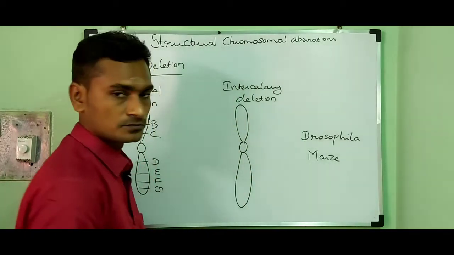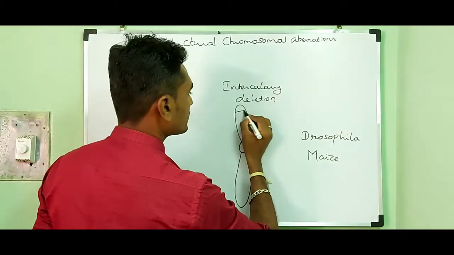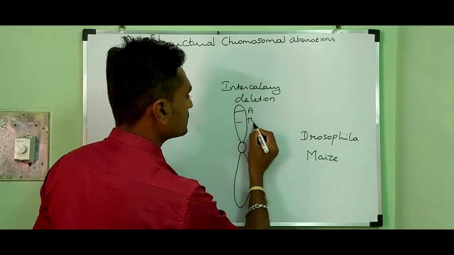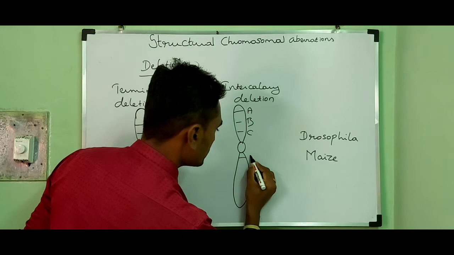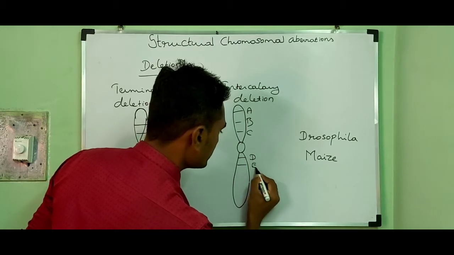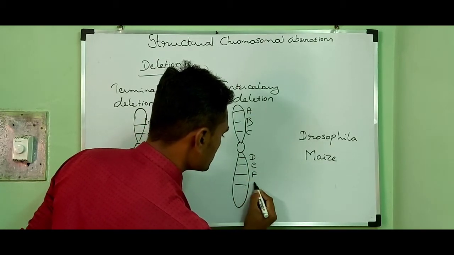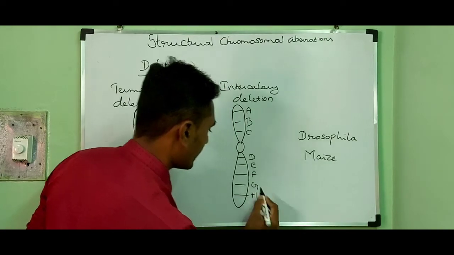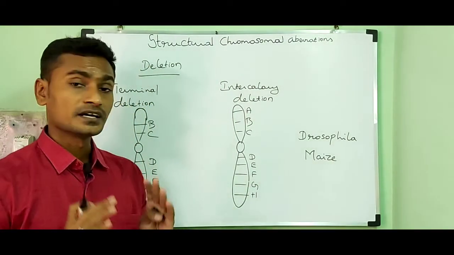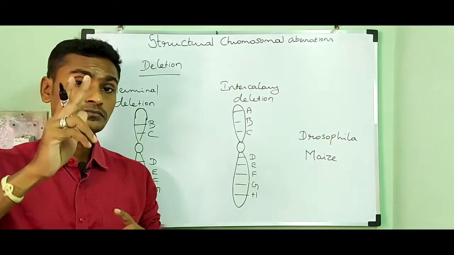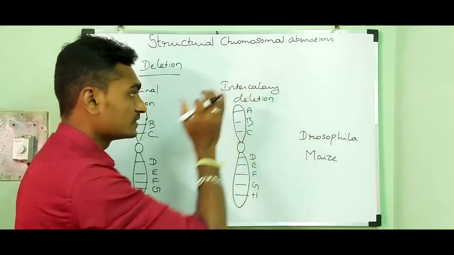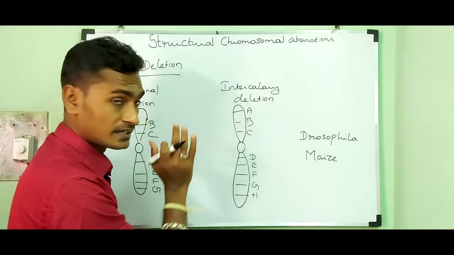This is a chromosome which contains the alleles capital A, capital B, capital C, D, E, F, G and H. As I already told you, two breaks occur in intercalary deletion.